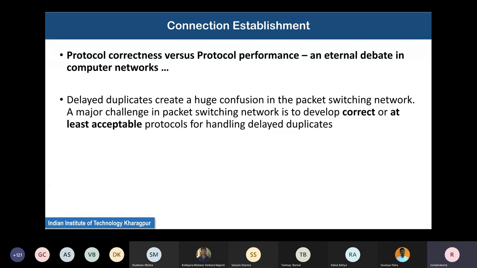So these have to be balanced. For the delayed duplicate problem, we want a solution which is either correct by construction, or at least acceptable. It is not correct 100% of the times, but it is correct a very large majority of times, maybe over 99%, and the performance is very good for handling delayed duplicates.